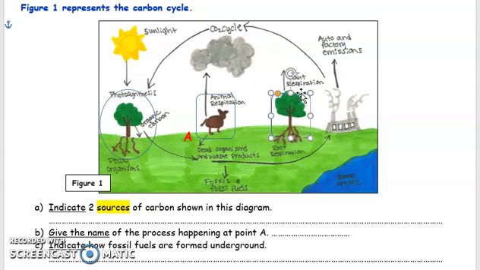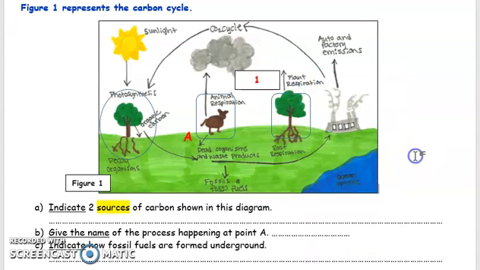These organisms breathe oxygen, and they release carbon dioxide into the atmosphere. So these organisms release carbon dioxide. This is the first source of carbon dioxide in nature. It's living organisms' respiration.